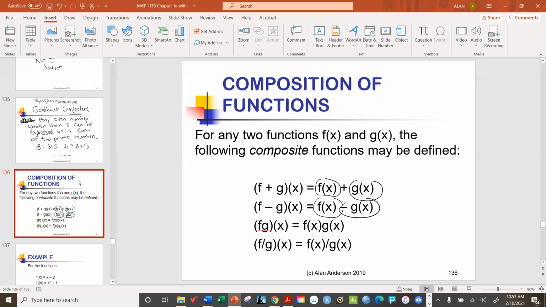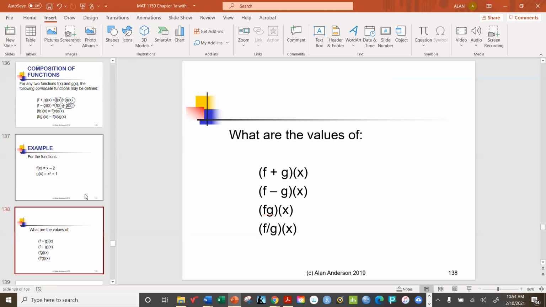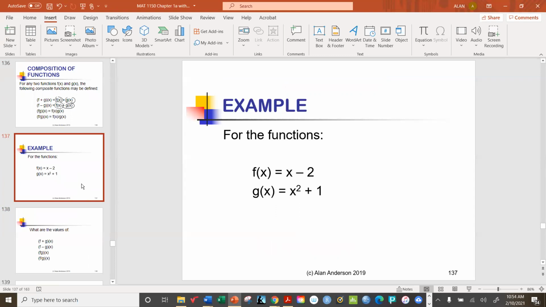So why don't we look first at some simple examples? How about this one, or these two? Why don't we go through all of these cases with these two functions?